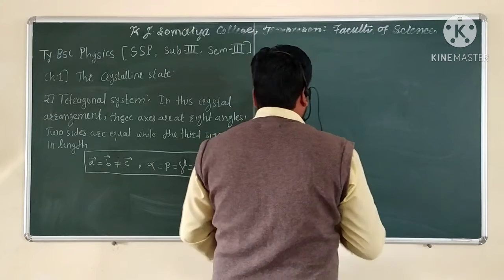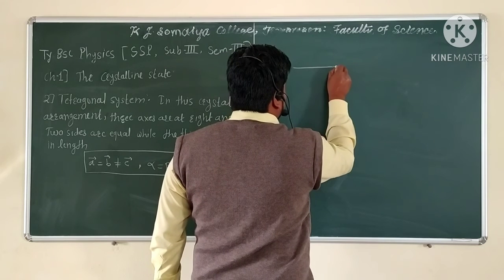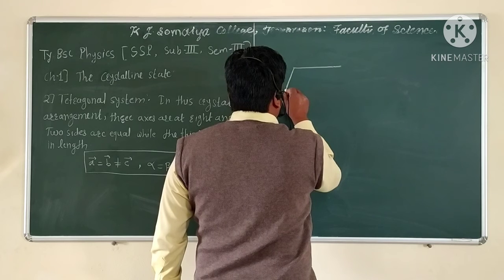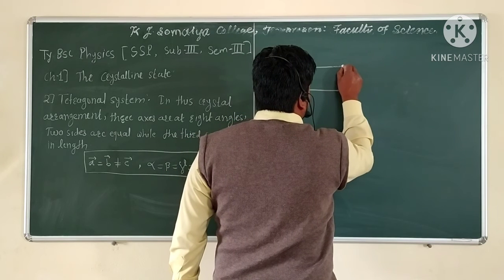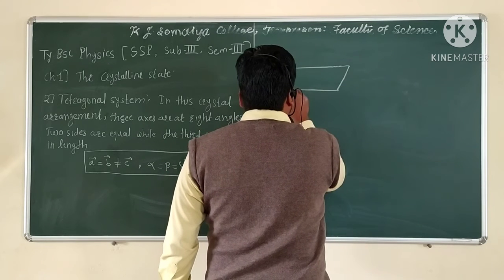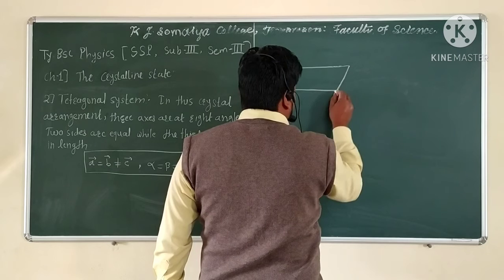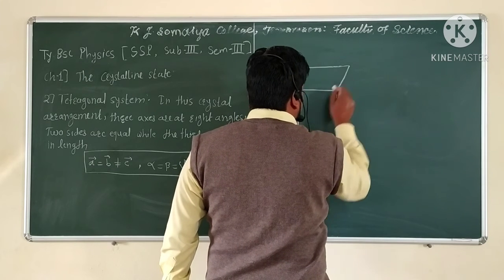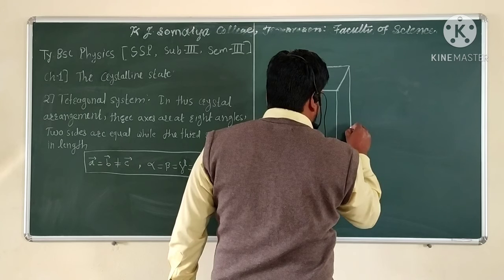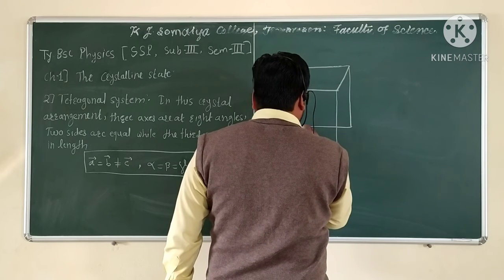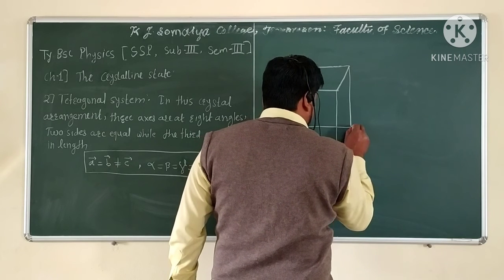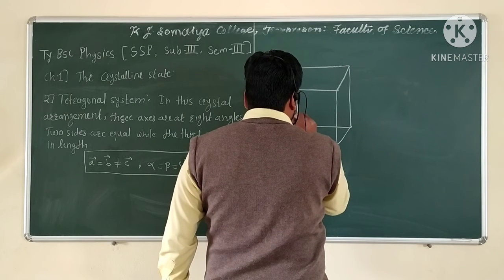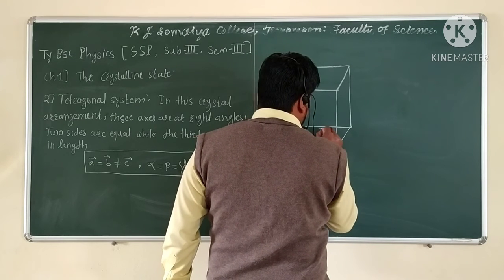So consider, for example, vector a and vector b, which are the same, and vector c which is different from both of these sides. So consider this vector a, vector b and vector c.